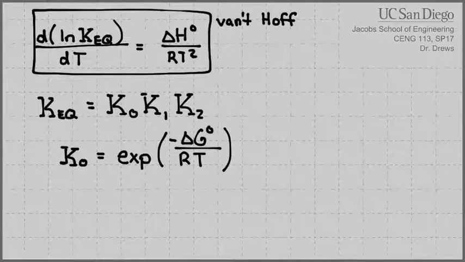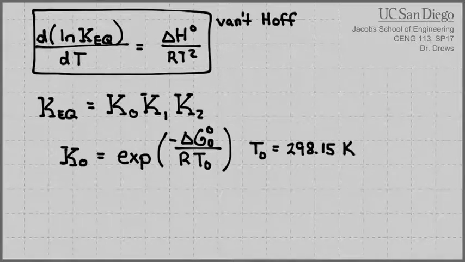That temperature is what we would subscript with a 0. Usually T sub 0 is 298.15 Kelvin. If you go dig up a book that tabulates the Gibbs free energy of formation of various species or the enthalpy of formation of various species, they're almost all at 298.15 Kelvin.